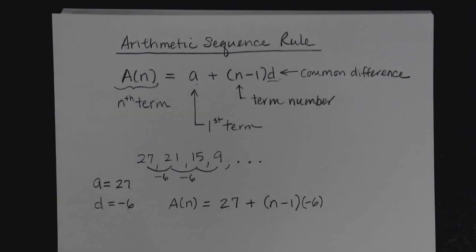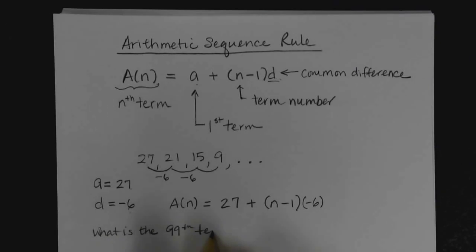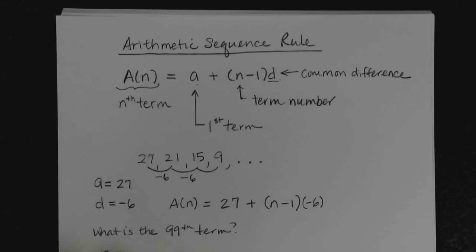If I want to know the 99th term of this sequence, I would set n equals 99 and plug it in.